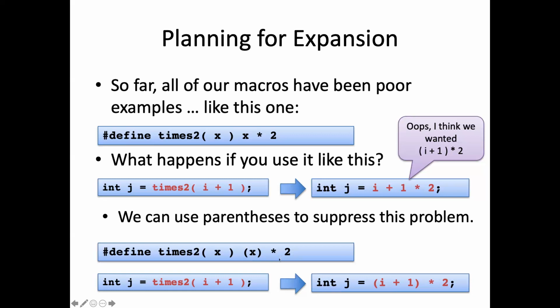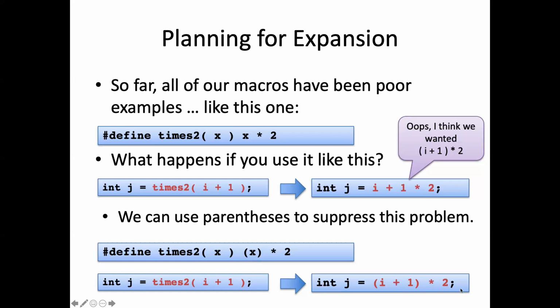So if you define your macro like this, whatever's inside these parentheses will get evaluated first before the ×2. So even if you called it with I+1 as the parameter, that'll expand to this syntax on the right. I+1 will get computed first, and then that result will get doubled.